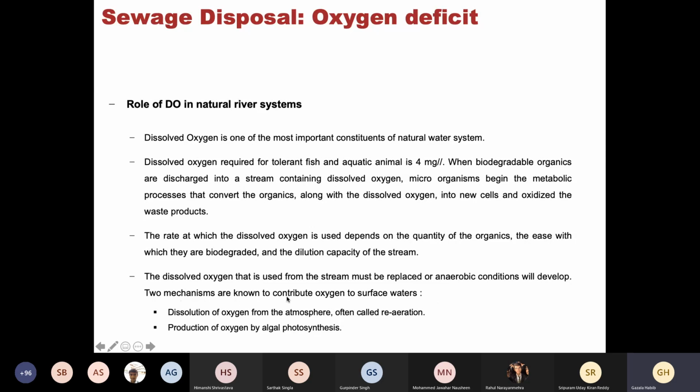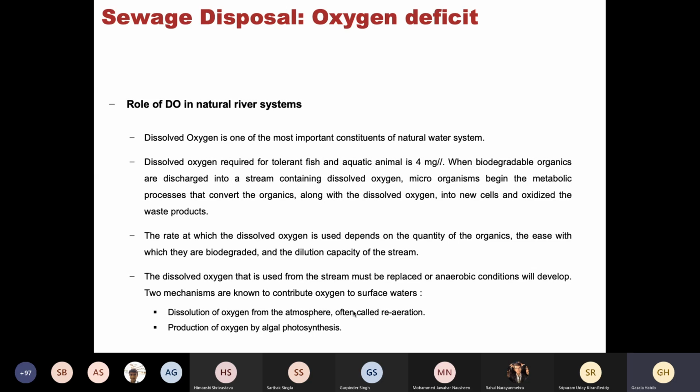Two mechanisms are known to contribute oxygen to the surface water. When we dispose of the sewage in the river, there is a possibility that the sewage has some BOD left, say 30 mg per liter, and that BOD, which indicates the presence of organic matter, will be further degraded by bacteria using the dissolved oxygen.